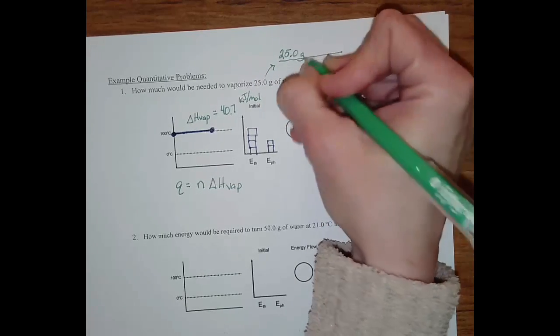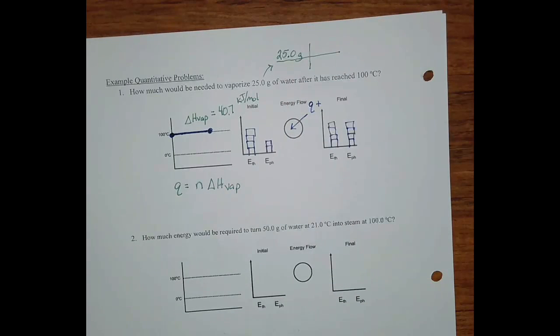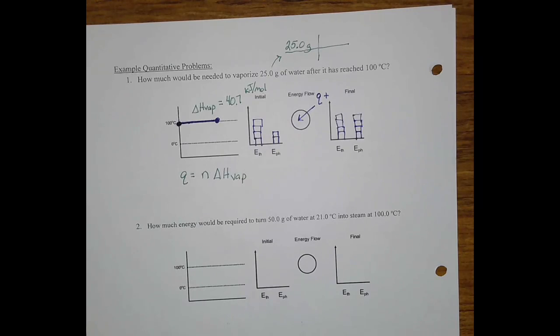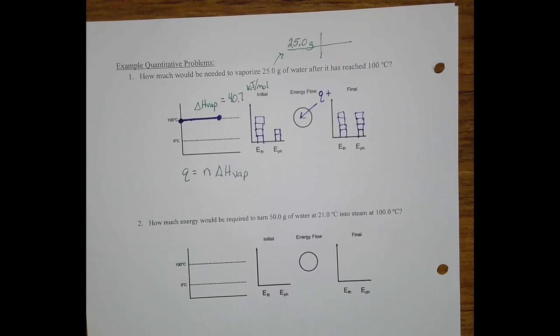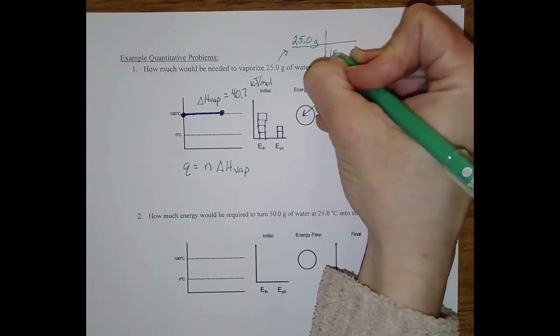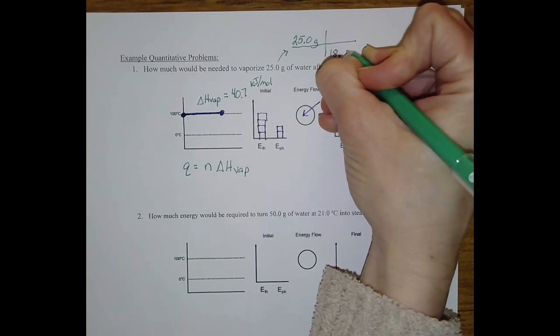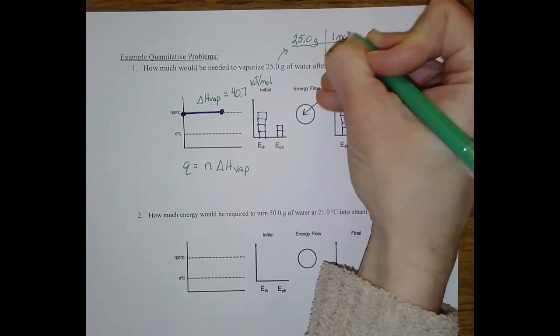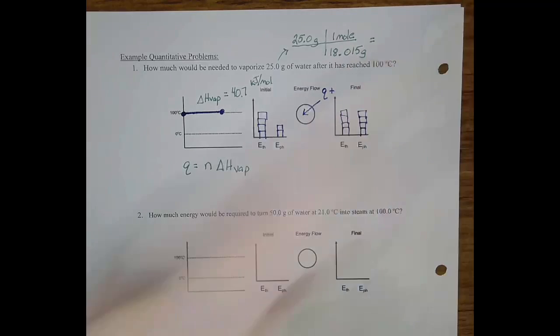25 grams. Need molar mass of water. Calculator here. 1.008 times 2 plus 15.999 is 18.015 grams, which is 1 mole of water.